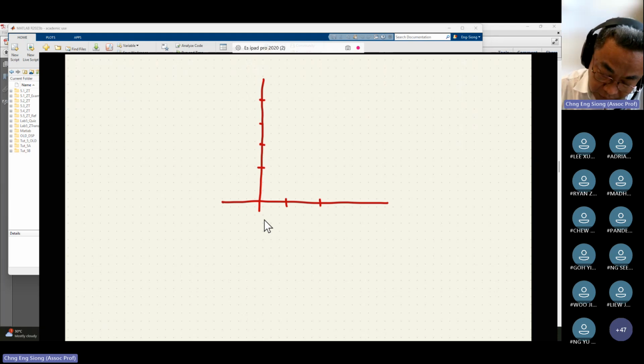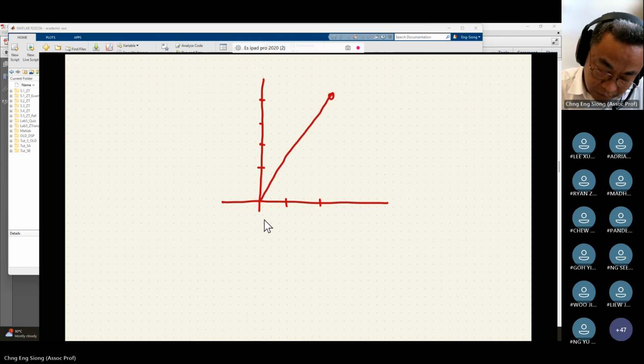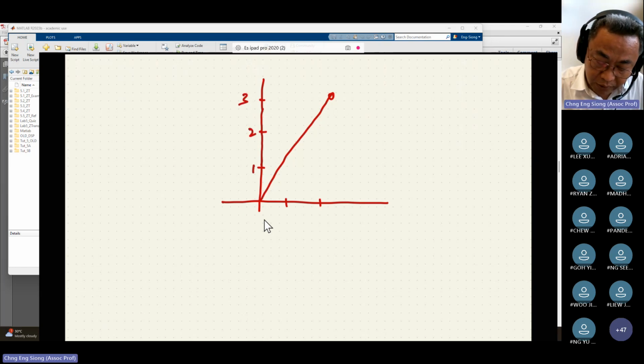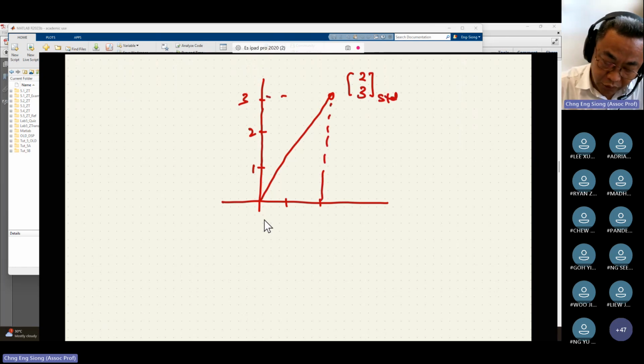Should be here now. Oh, it's so bad. This is the vector 2, 3 in the standard basis because I'm counting 2 here and I'm counting 3 here.